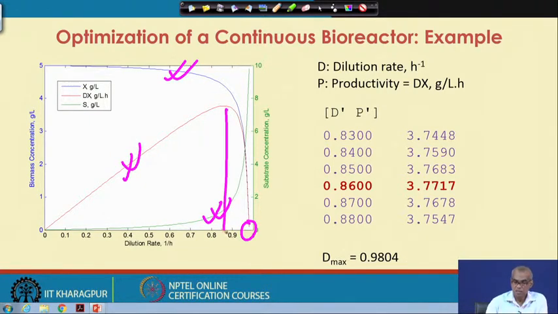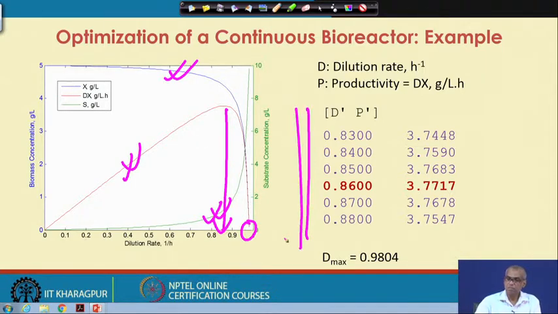So, this is the optimal dilution rate. You just list the values D versus DX, and you look at how the productivity changes with dilution rate, and you get an optimum dilution rate of 0.86 and the productivity is 0.37717.